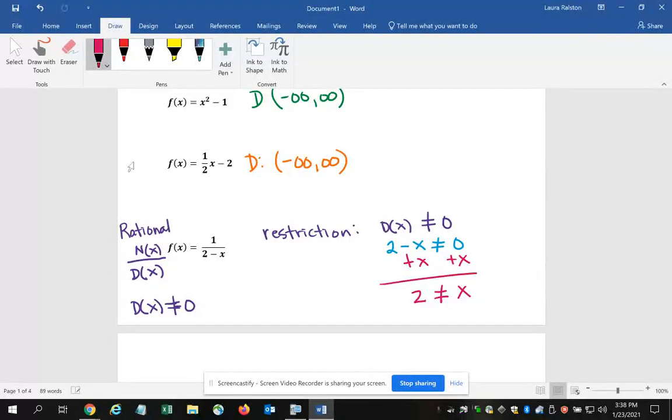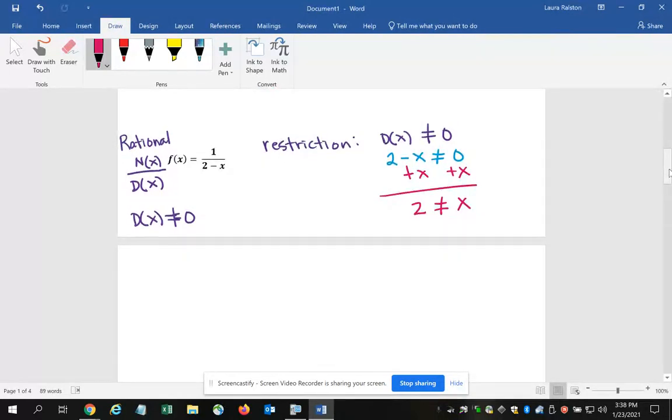So in this case, x cannot be 2. So I can use any number on the number line that I can think of except 2. Now, in terms of interval notation, here's what you would write. It may help you to think about it on a number line so you can see it visually first.